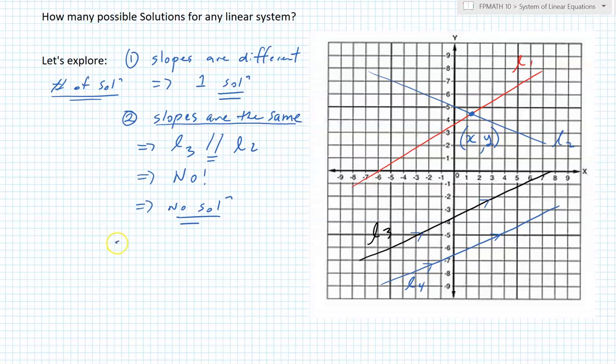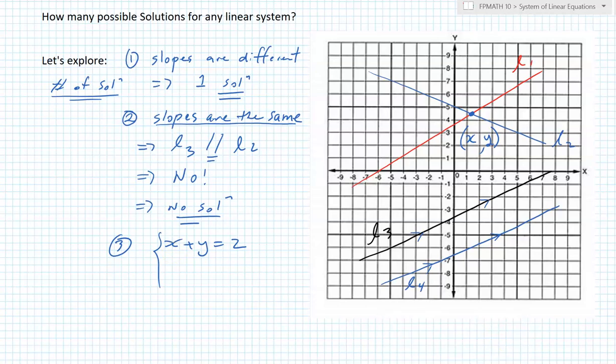And then the last one is when you have the same line, basically created by a multiple of the first line. Okay, so one line is written as x plus y equals 2. And the second line is a multiple of the first line, and that will create something very interesting.